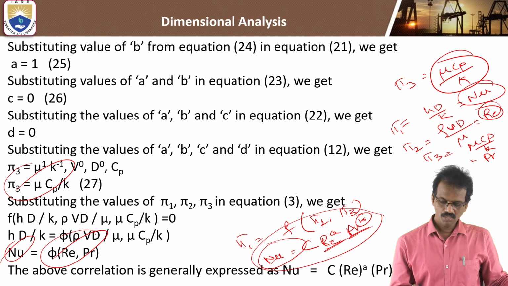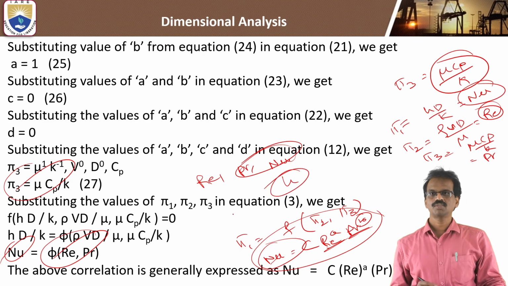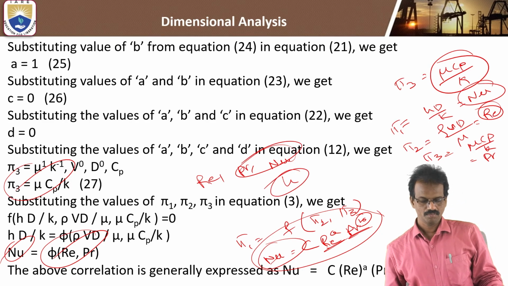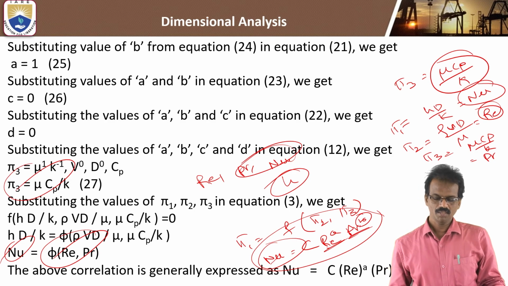So by using these three numbers, the Reynolds number, Prandtl number and Nusselt number, you can find out the heat transfer coefficient from this relationship, and automatically you can find out the rate of heat transfer, hA into delta T. Right?